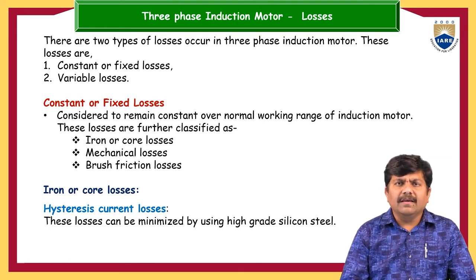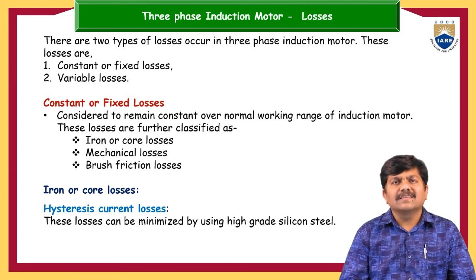Now again there are various classes, like iron losses or core losses. What exactly is iron loss and what is core loss? These iron losses or core losses are again classified into two more categories: hysteresis losses and eddy current losses. About hysteresis and eddy current losses, we have discussed many times what parameters highly influence them, what the mathematical expression is, and how these losses can be reduced or limited within acceptable limits.